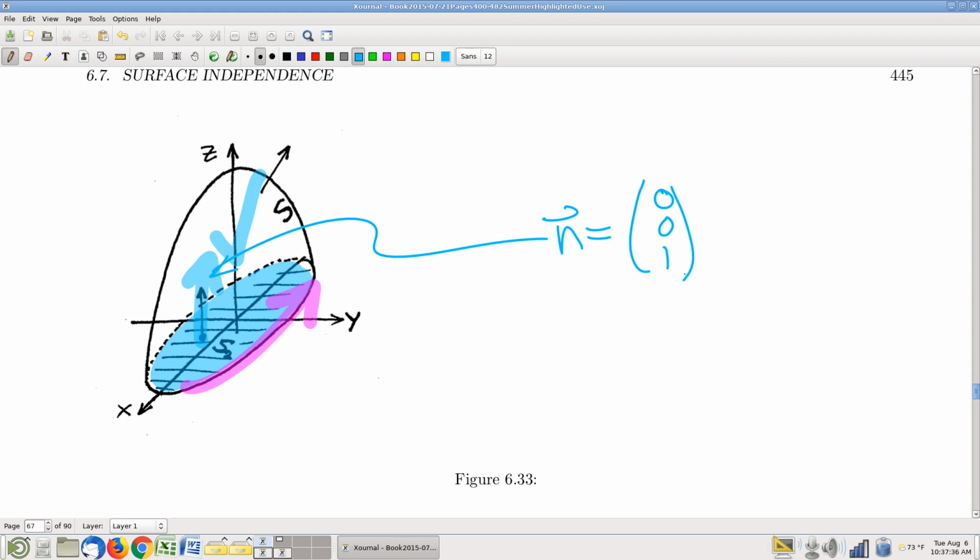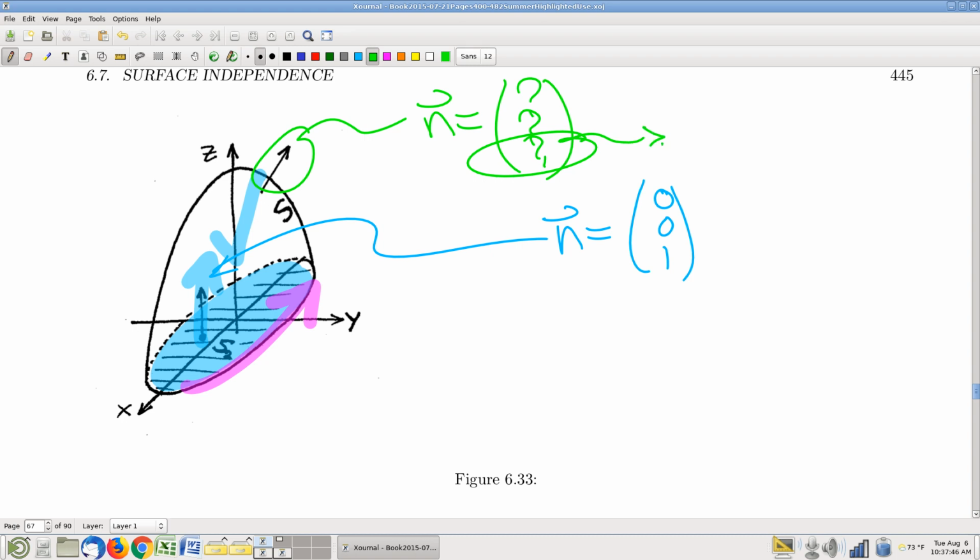No such luck here with this vector. This vector n is going to be some complicated formula. Oh my gosh. And this is going to be greater than or equal to 0. Yeah, sure. And that's what upward means on the green surface. Upward does not mean 0, 0, 1 in all cases. So it's only 0, 0, 1 because I know that this blue surface is flat horizontal.